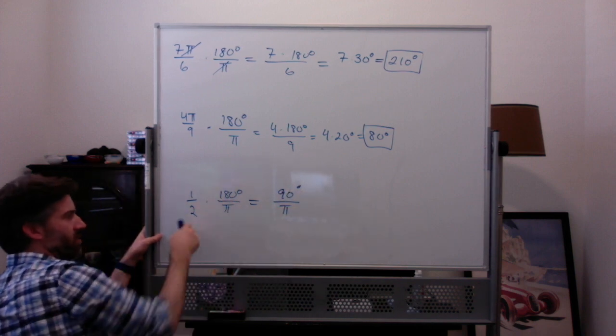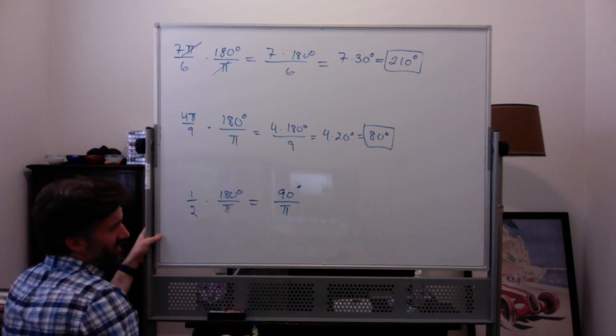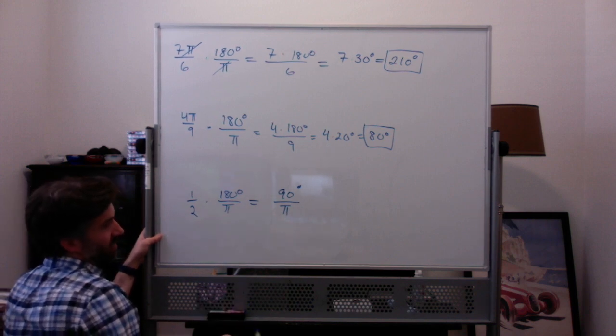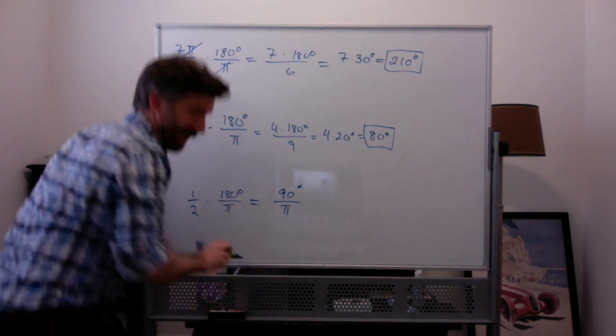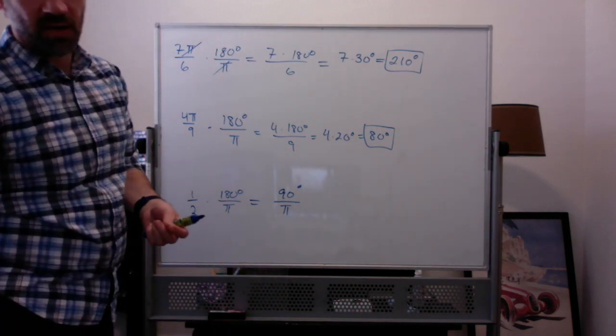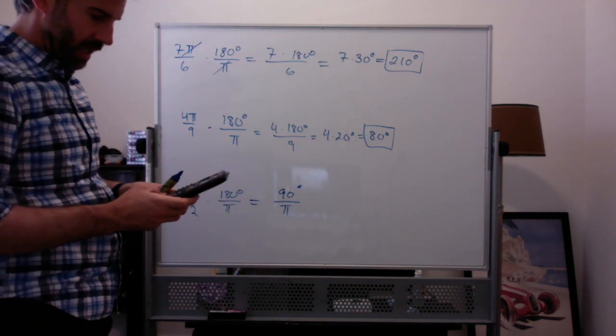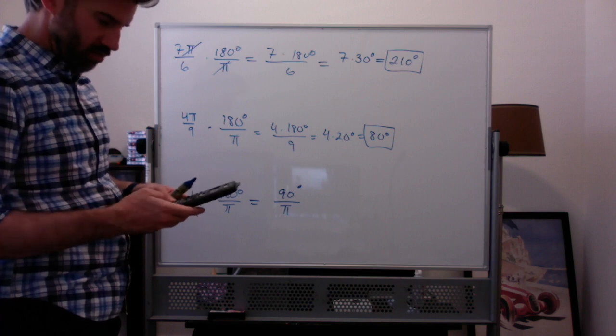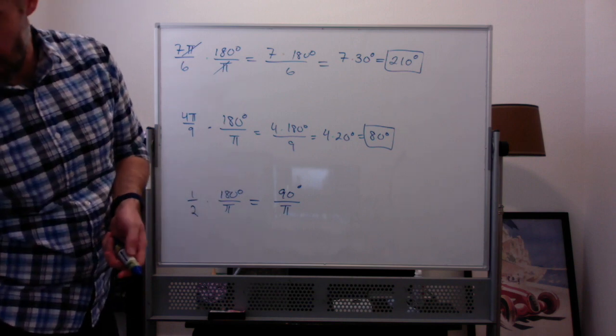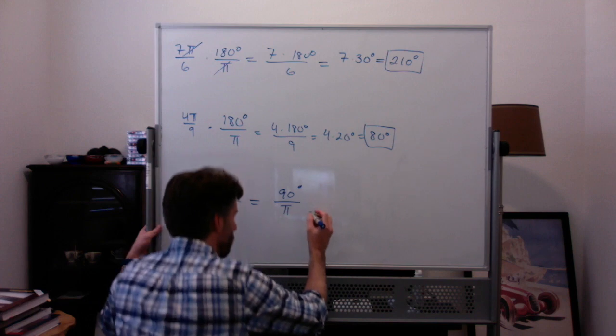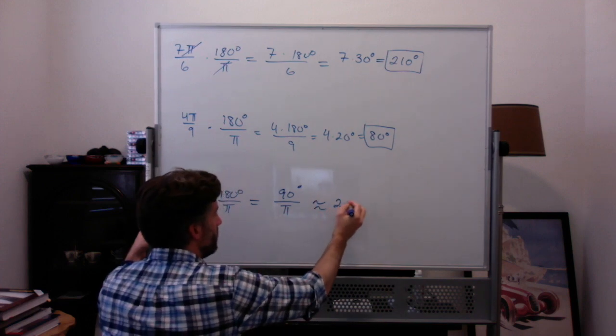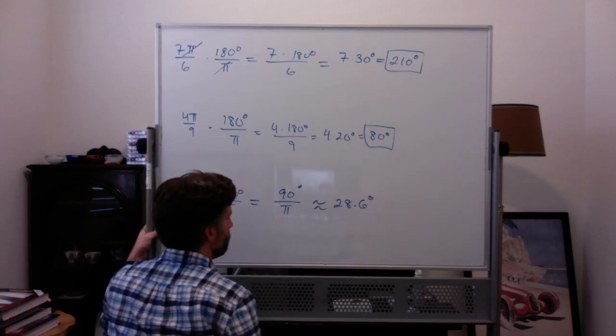Because 180 over 2 is 90. And then 90 over pi, I think it's like 28-ish degrees. I could use a calculator though. I would just do 90 divided by pi and get 28.64 degrees. So I would round that to the nearest tenth, 28.6 degrees.